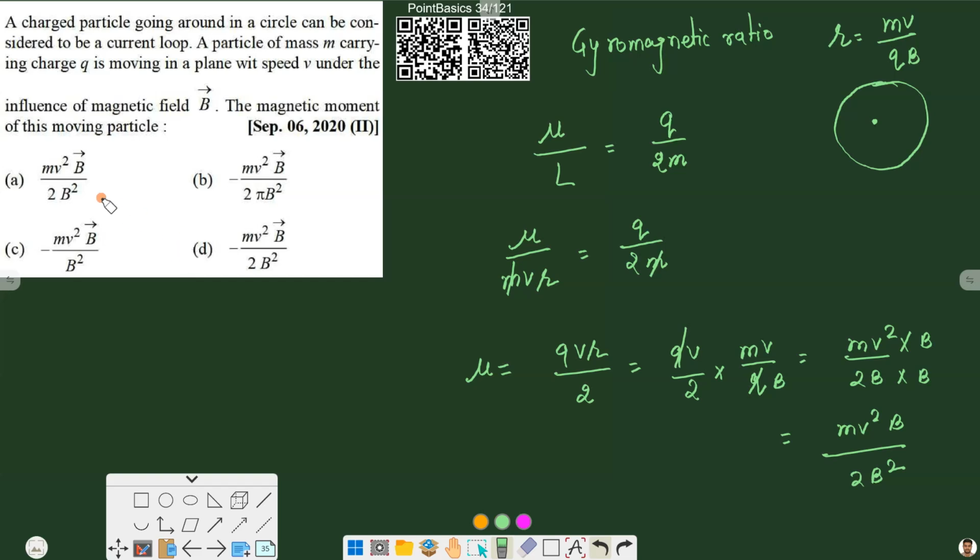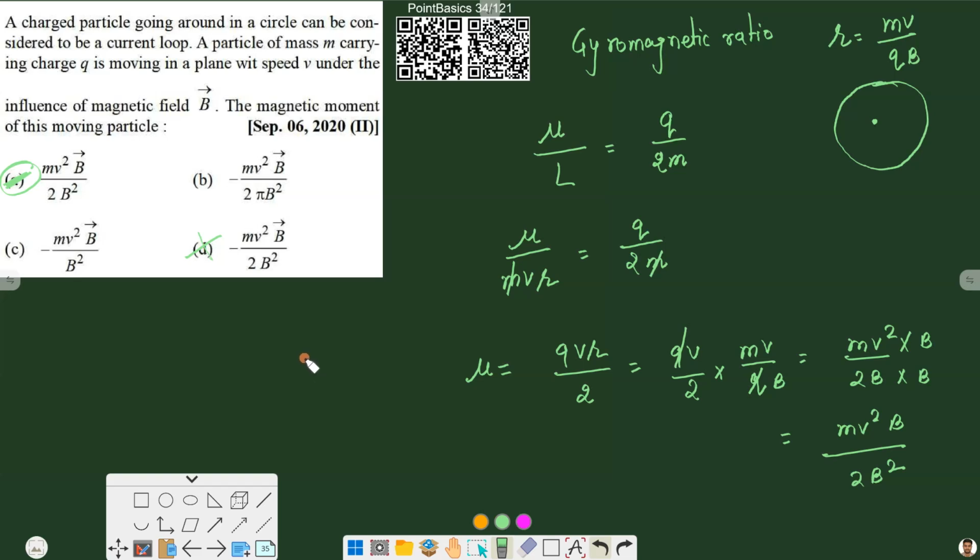Now regarding taking positive and negative sign, that will be decided by the sense of the rotation, and it is not mentioned here. So both option A and option D are possible here. Normally in most cases we take positive options, so that's why we will go with option A.